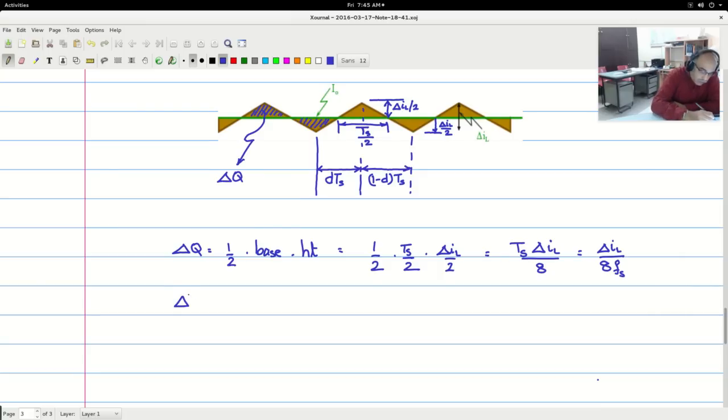Now delta Q, or the change in the charge in the capacitor, is given by C delta V by the physics of the operation of the capacitor.